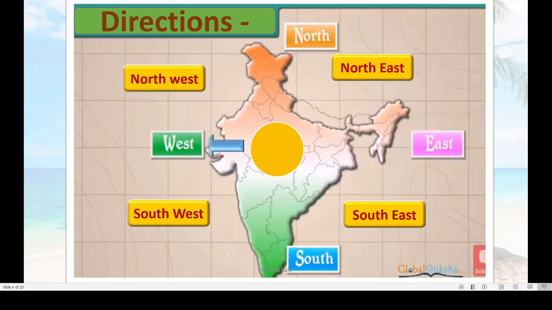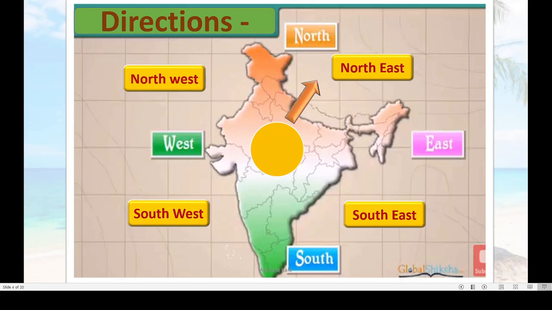This is west side of India. This is north and this is south side of India. This is northwest, means between north and west the direction is called as northwest.